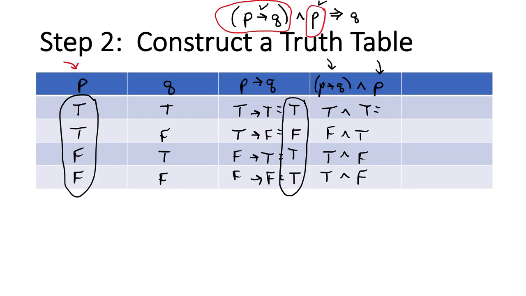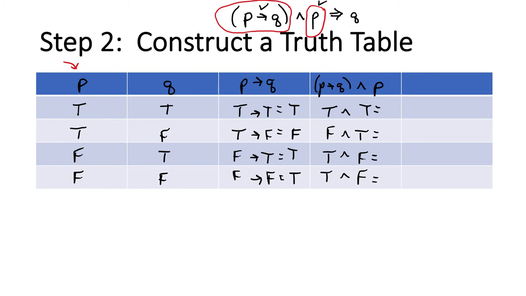And now we need answers for these 4. These are our and statements. So you want to think about when your and statements are true. So I know that my and statements are true if they're both true. But in any other case, an and statement is false.